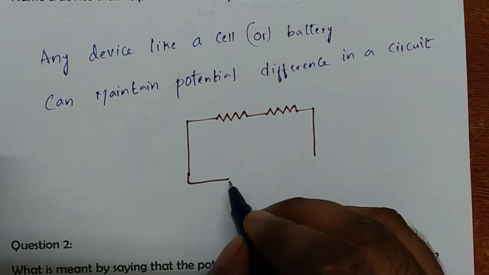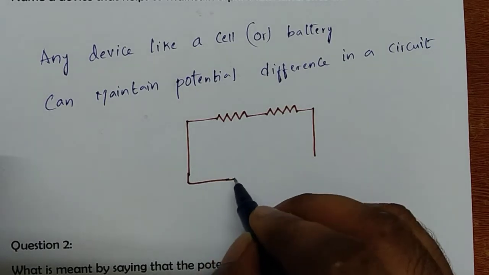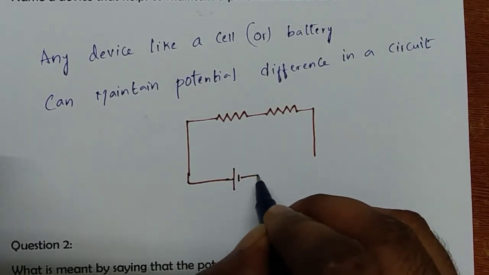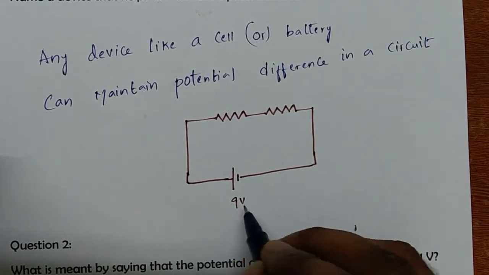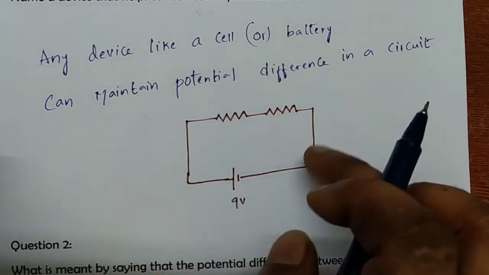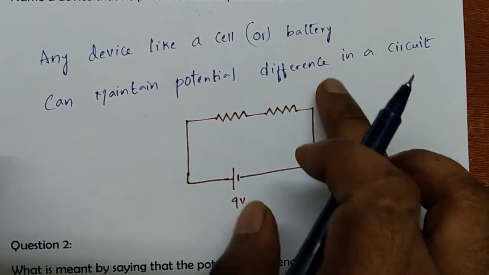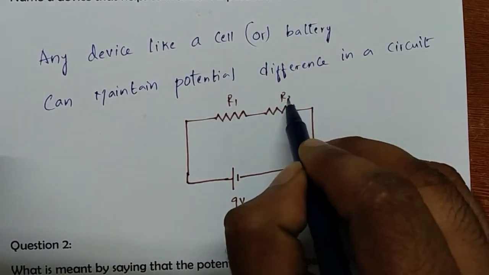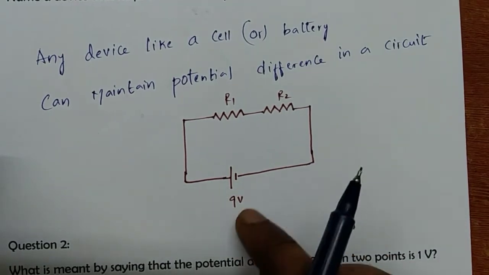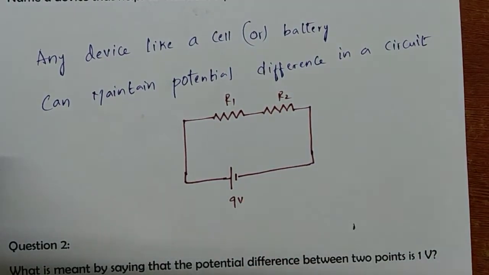So I'm going to take a cell or a battery, which is noted like this. For example, if it is 9 volts, it indicates that the potential difference in the circuit from here to here is 9 volts. R1 and R2 are the resistors, and this is the potential difference in the circuit.